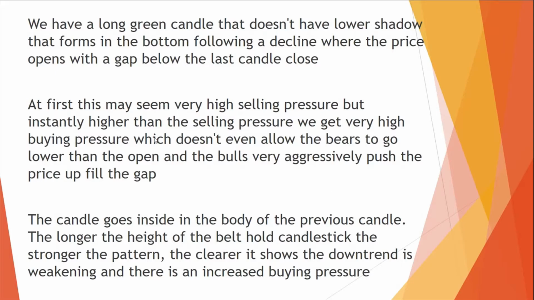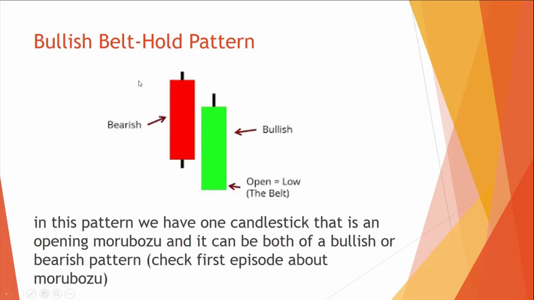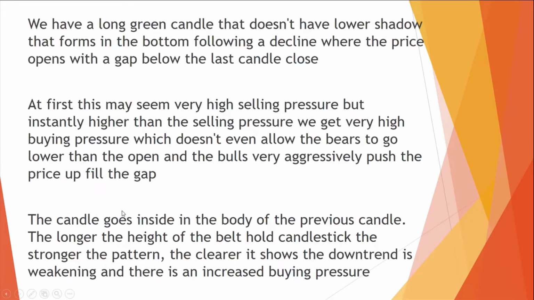At first this may seem like very high selling pressure, but instantly we get even higher buying pressure, which doesn't even allow the bears to go lower than the open, and the bulls very aggressively push the price up and fill the gap. So we saw that there was a selling pressure, and then the bulls took the market here. The candle goes inside the body of the previous candle.